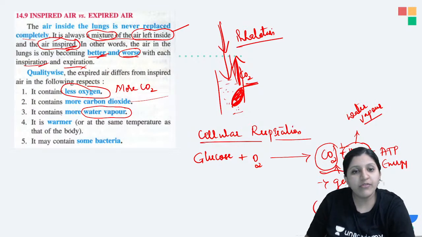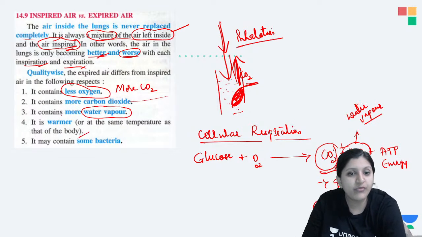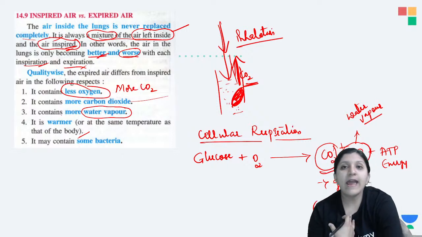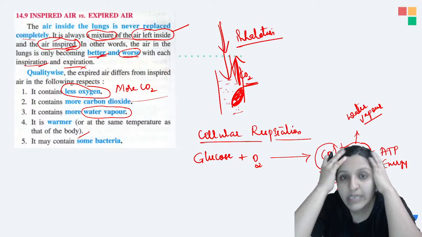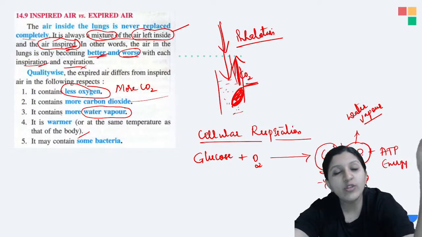This air is warmer, or at the same temperature as that of the body. Why is it warm? Because it is coming from inside. Heat always flows from higher temperature to lower temperature, so the same temperature is maintained throughout the body.